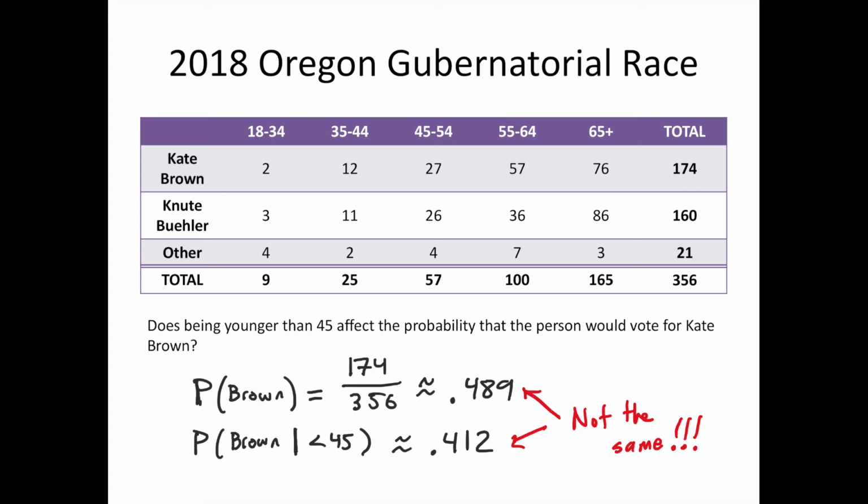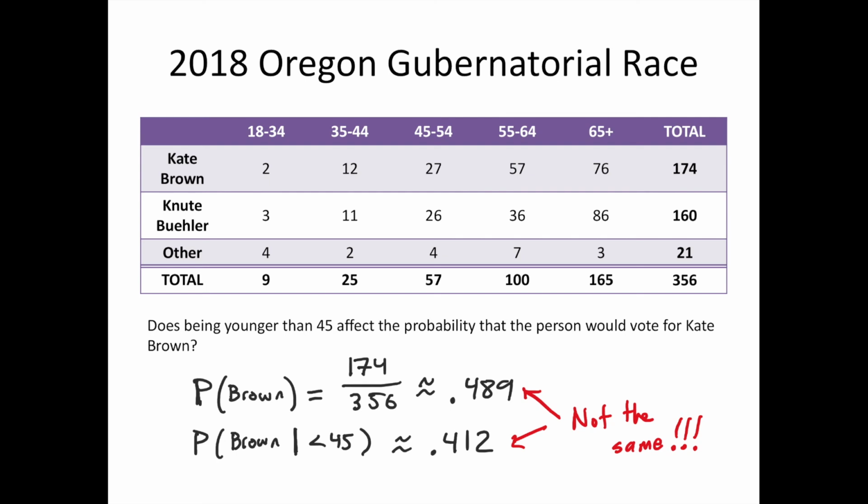And then I want to compare that with a conditional probability. What's the probability that a randomly selected individual would support Kate Brown given that they're in that under 45 age group? And in that case, using either the definition of conditional probability or restricting ourselves to the appropriate columns or rows, we get the probability to be 0.412.